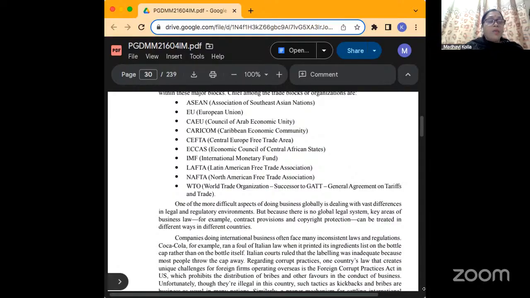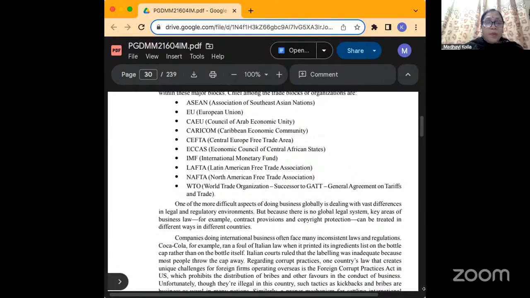There are so many more of them. But while these are some of the trading blocks, we also need to understand organizations. So, trading blocks are a set of nations which are coming together, but there are also organizations which are active globally, which also regulate the kind of business and the kind of terms and conditions while we are selling our products.